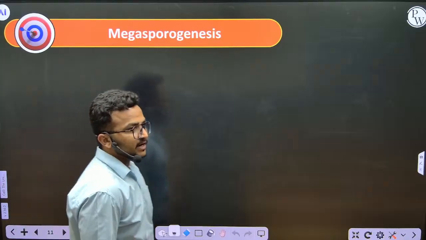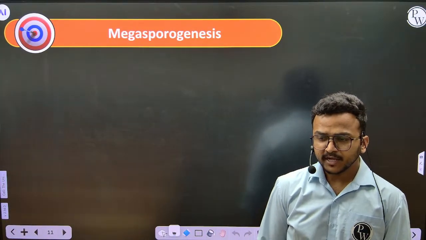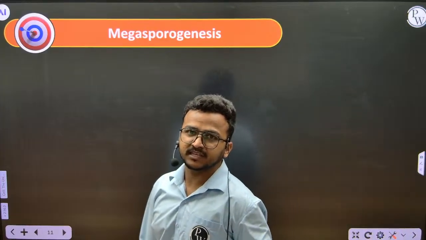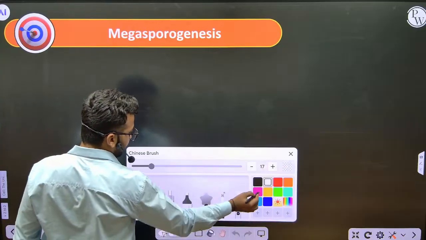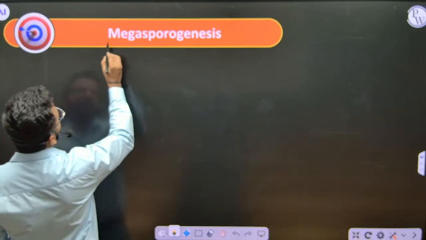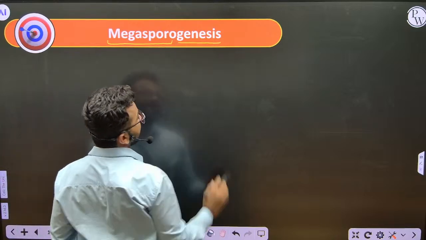Next is megasporogenesis. It is similar to microsporogenesis. Megasporogenesis, as the name itself says, means the formation of megaspores. Genesis is nothing but formation.